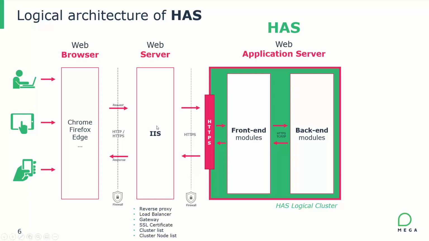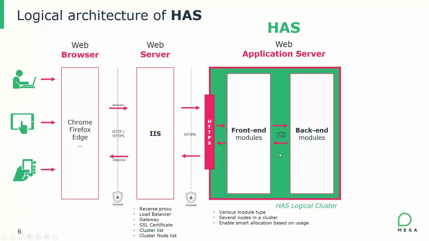We just use specific rules to redirect the queries from the web browser to the HOPEX Application Server. And we use it, of course, to manage the SSL certificate as before. We manage it as well to manage the cluster. So if you are in a situation where you have a cluster, meaning several servers, this is where you define where the servers are located.